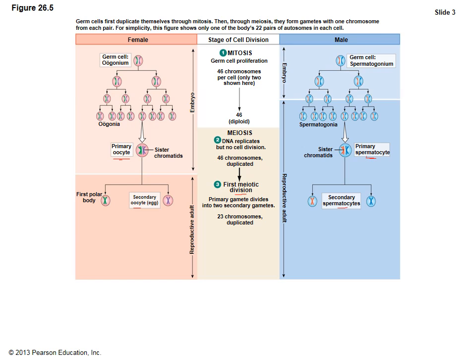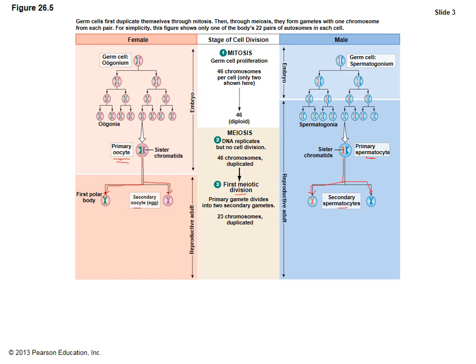Now in females, the primary oocyte is divided into a secondary oocyte as well as the first polar body. And in males, the primary spermatocyte forms two secondary spermatocytes. So there's a difference at this stage of the meiotic division.